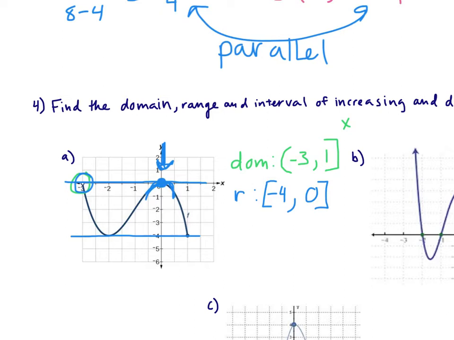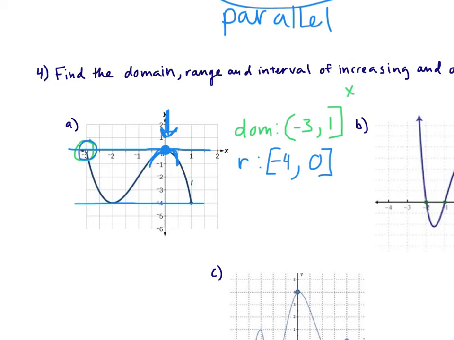And if that line was higher, then we would still put a bracket. We only put a parentheses if it's an open circle or if it is infinity. And that's for domain and range, but for increasing and decreasing, we always use parentheses.